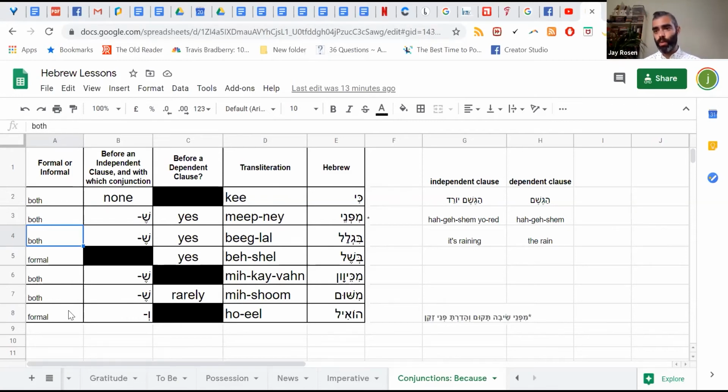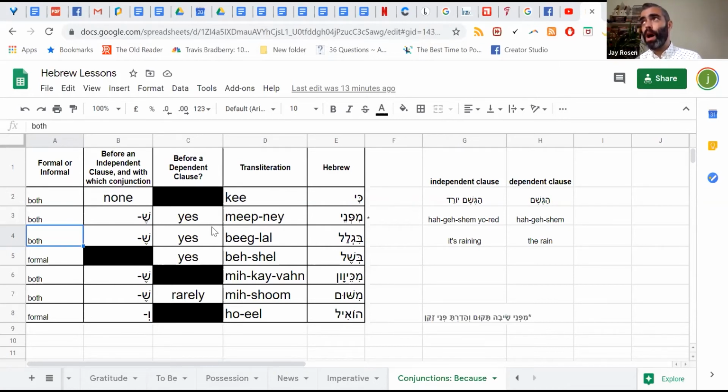Just like any modern language, there are certain words that you're going to sound out of touch with your audience if you use some more than others. In this case, key is great for formal and informal. What do I mean by that? We've talked about this before. Informal is your friends, your neighbor, family, significant other. Formal is your boss. Formal is a person who's older.